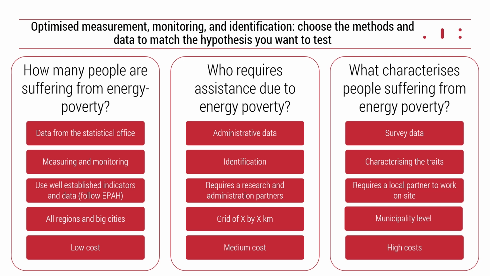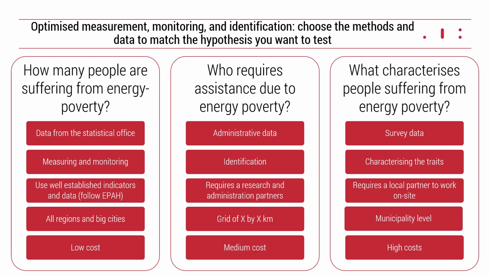or a given region are suffering from energy poverty, usually the best approach is to use the data from the statistical office that operates in your particular country, or you can use pan-European data that is provided by the Eurostat. What is the purpose of using this data, of answering this question?